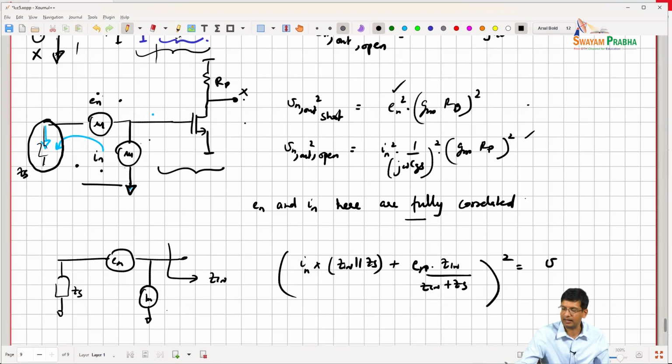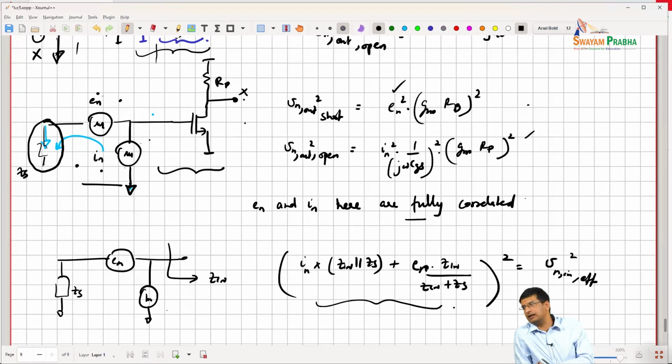This will be my Vn squared effective, right? And I'm adding them up in voltage because in this case In and En are fully correlated, right?